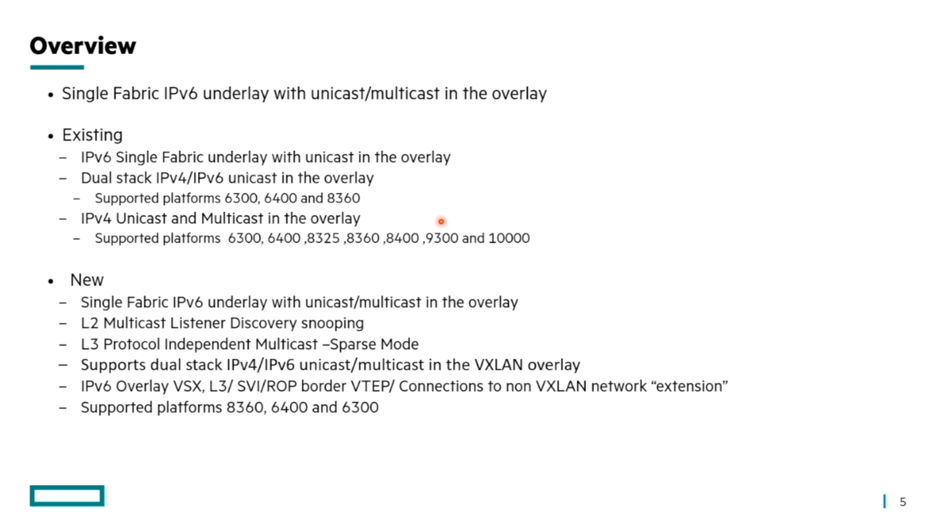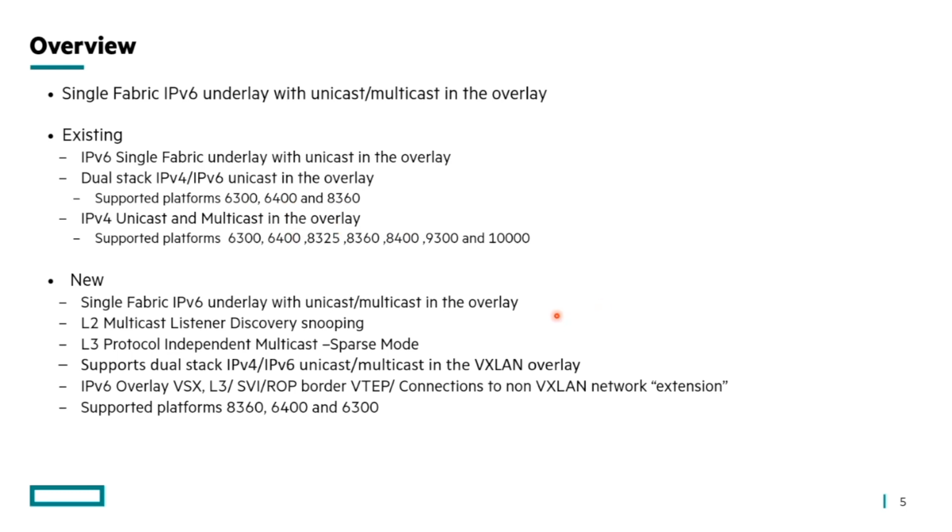Don't want to try and confuse it, but we also have unicast and multicast support in the overlay as general on these platforms, and I'll try and break that away in the next slide. That's mainly for the IPv4 underlay, but obviously there's some overlap in some of the products.